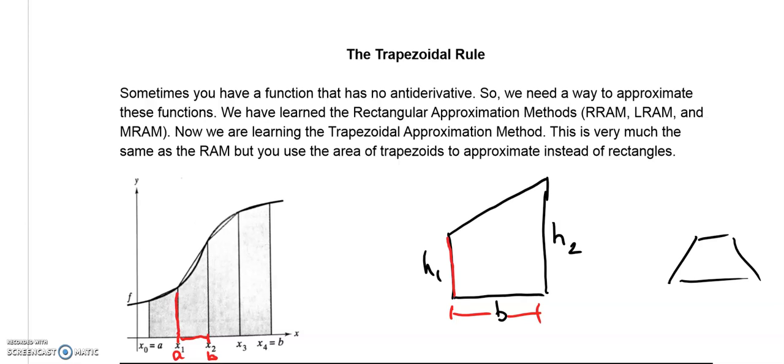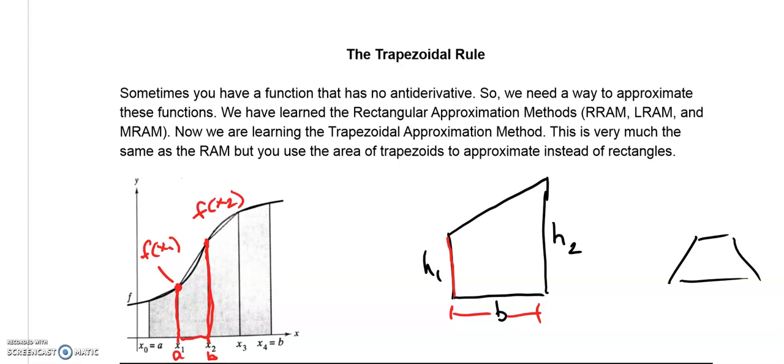So if we wanted to know what this height was, that point right there, that is f of x sub 1, or f of a, to give you your height. And this would be f of x sub 2 or f of b. All right, so that would give you your two heights in this case. So you have your two heights or your bases, like in the typical formula that you usually use, and then your height is the b minus a to find that height.